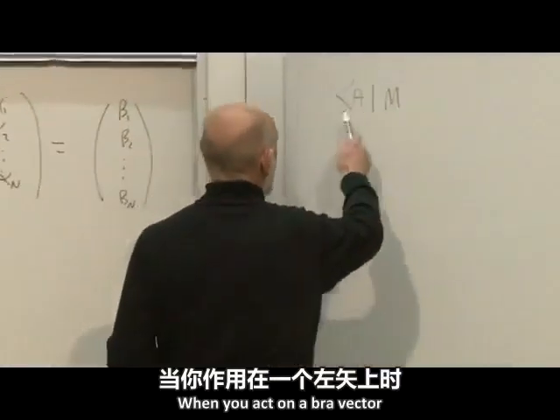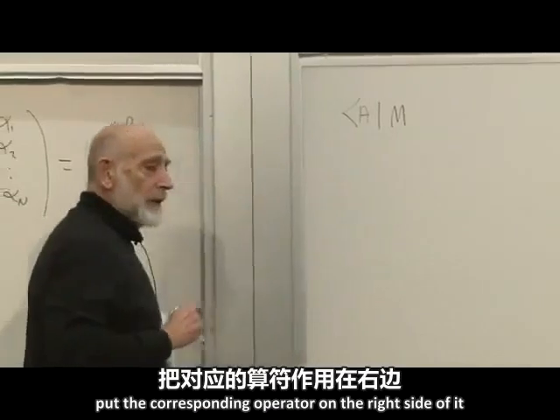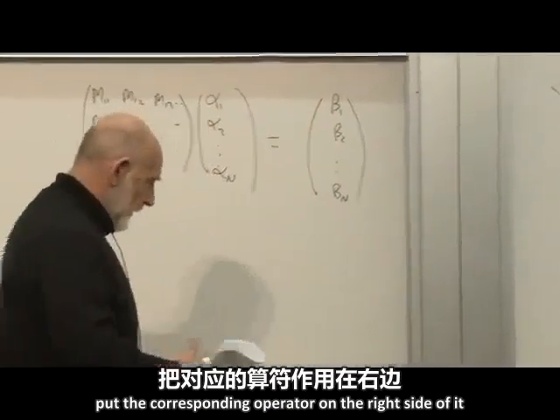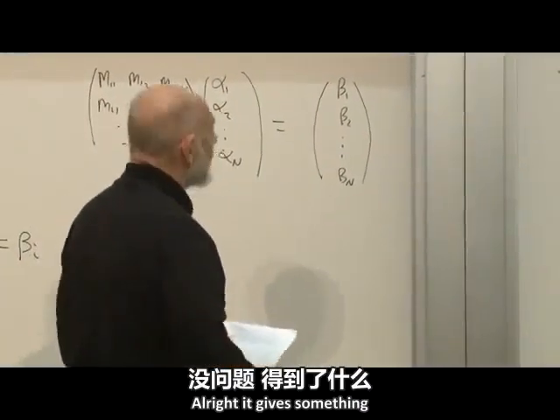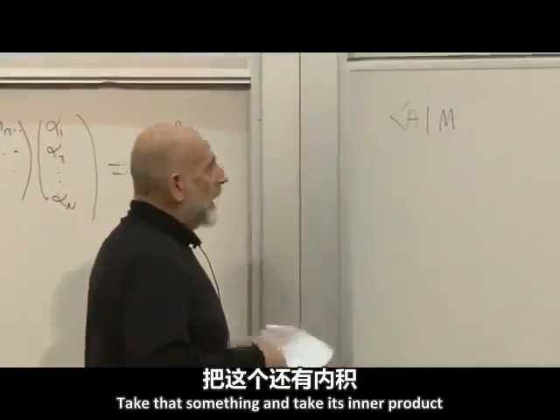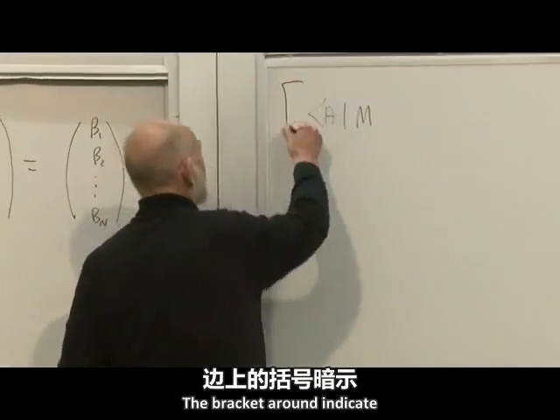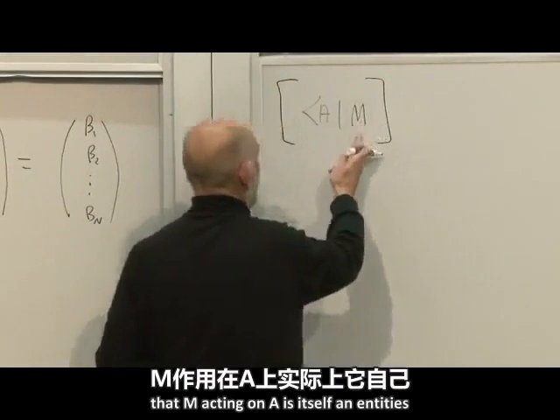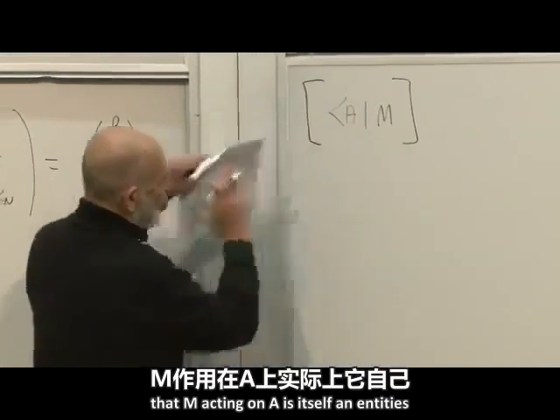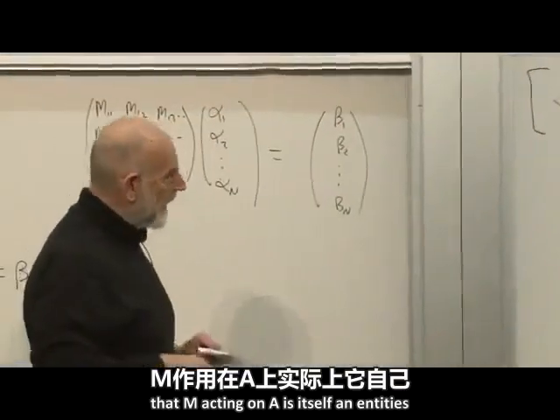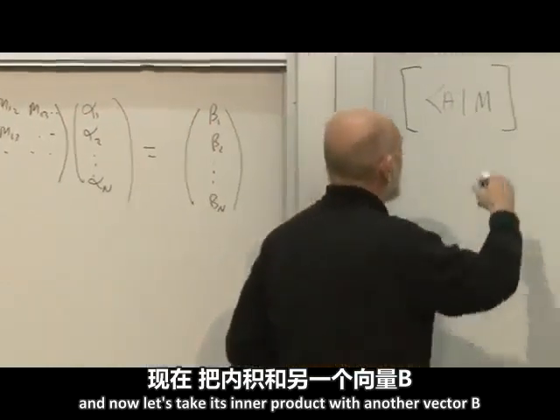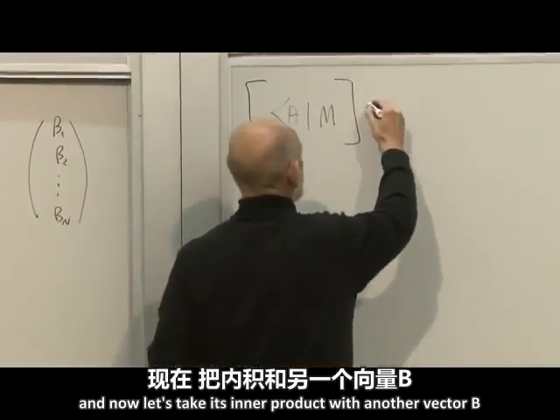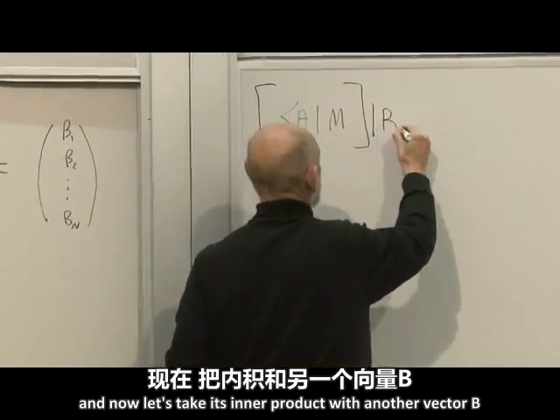When you act on a bra vector, put the corresponding operator on the right side of it. It gives something. Take that something and take its inner product. Let's put a bracket around it to indicate that M acting on A is itself an entity. And now let's take its inner product with another vector, B.